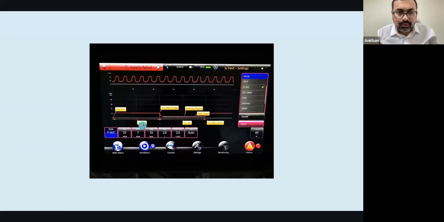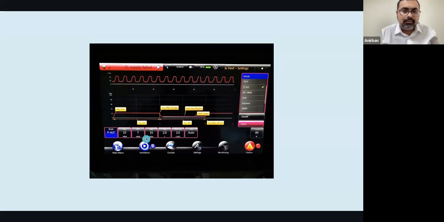So if an inspiratory pressure of 15 has been set and the PEEP is 7, the pressure control will be 7 plus 15, somewhere around 22.